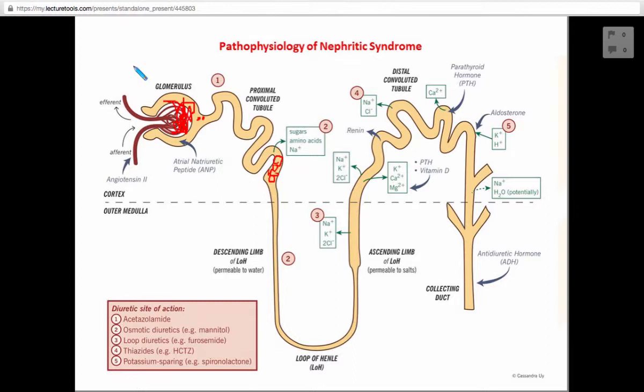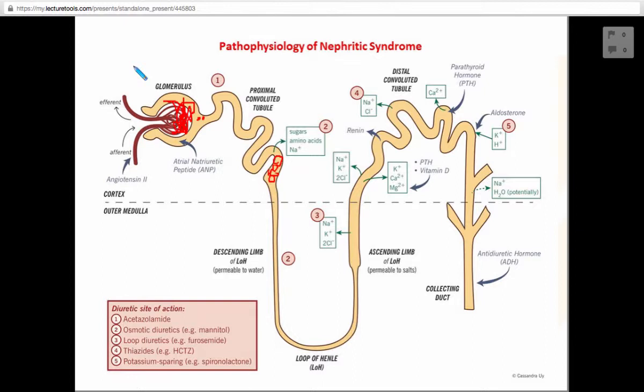Now, why do we get hypertension and edema? Increase in renin angiotensin, combined with the decrease in cardiac pressure, causes fluid retention, which is then going to third space.